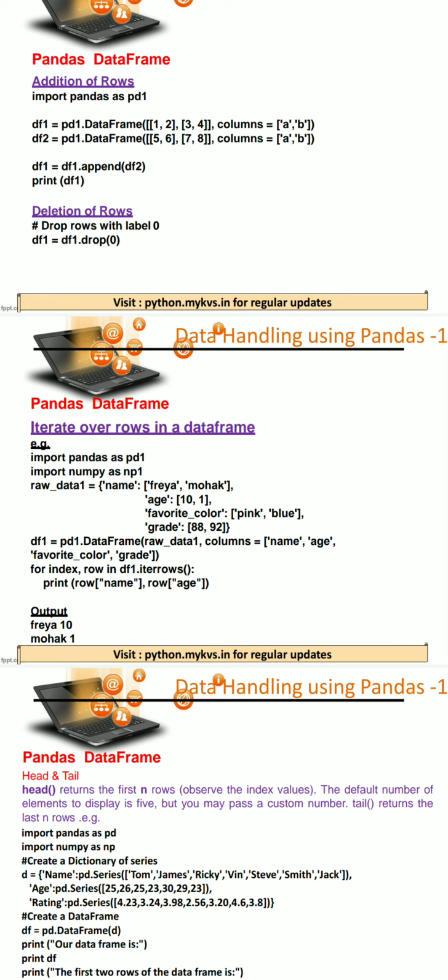If we want to access the data of the first row, we will mention row and then in brackets name and age. So the first row data is Freya and 10. Because we are accessing only 2 columns' data, it is displaying only 2 columns' data, Freya and 10, and on the next iteration it will display Mohawk and 1.